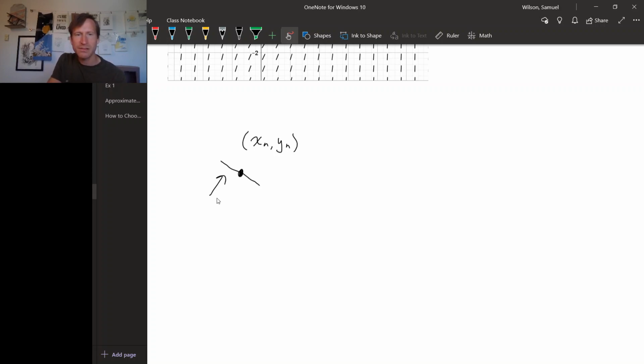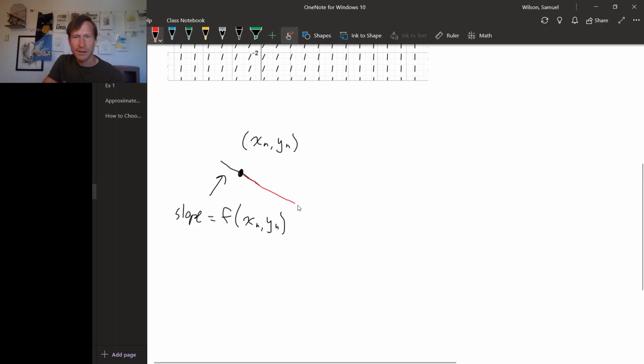And remember that the slope of this line is given by the differential equation. It's f of the x and y coordinate that you're at, and we're at x sub n comma y sub n. So that's the slope of that little line element. And we're going to follow this forward a horizontal distance h, which is delta x.